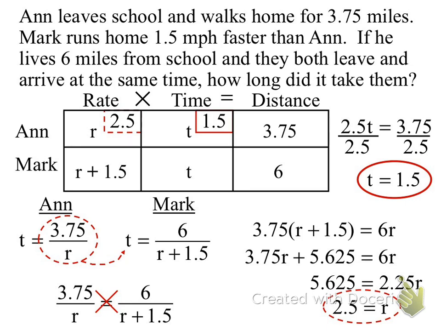I can just substitute it into either original equation. You can substitute 2.5 into this one or this one. That one looks a little easier because it becomes 6 over 4, and that becomes 1.5.